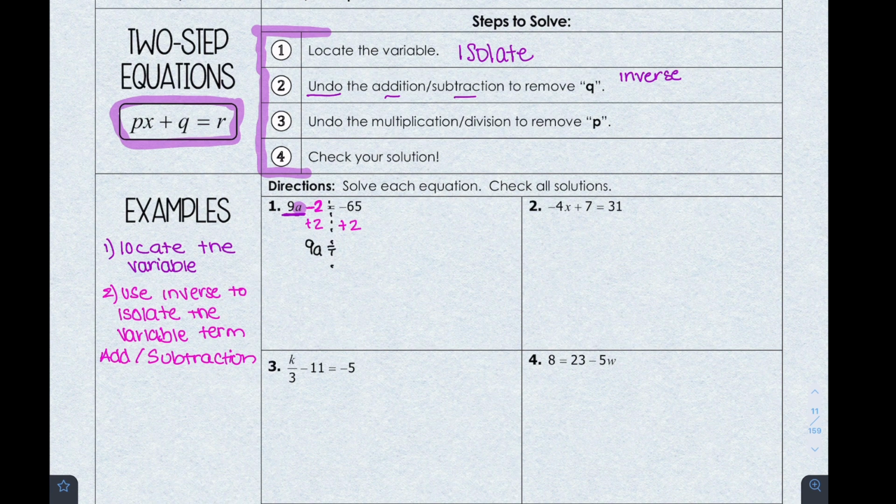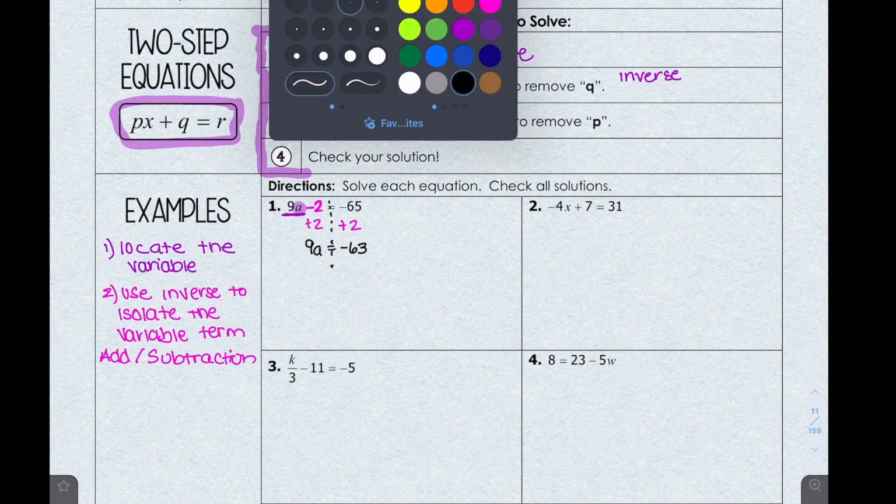Then you have -65 plus 2 is a -63. Ladies and gentlemen, if you have mistakes on integer rules, this is where it's going to come back to really get you. Okay, so it's super important that you understand how to do these. So that's step 2.